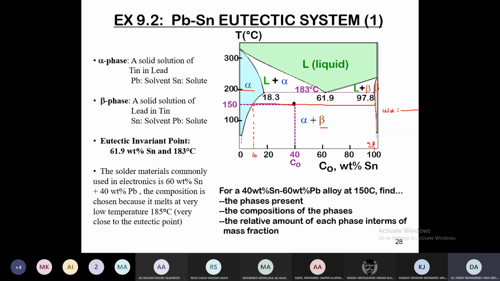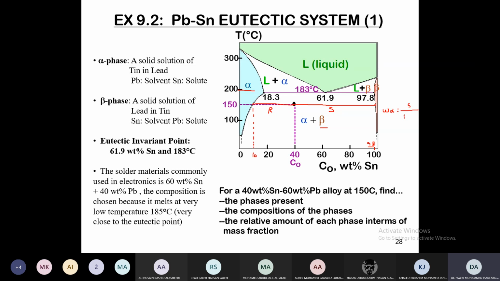Two segments we have, that is S, which is from here to there, and we are going to refer to this as R, which will be from here to there. The lever rule says that it is the far segment. This is the alpha. We want weight fraction of alpha. It is the far segment, which is S. So it will be S divided by the total, S plus R.